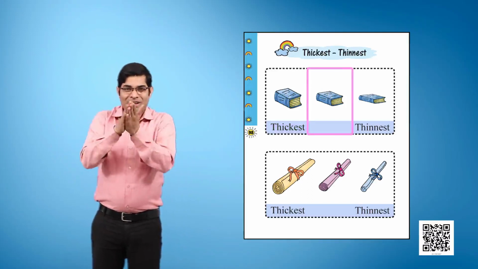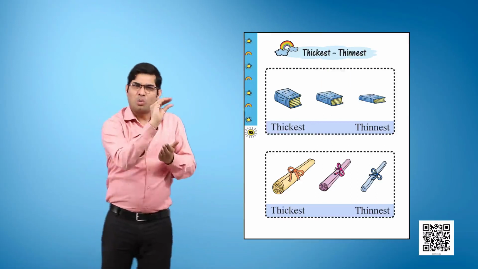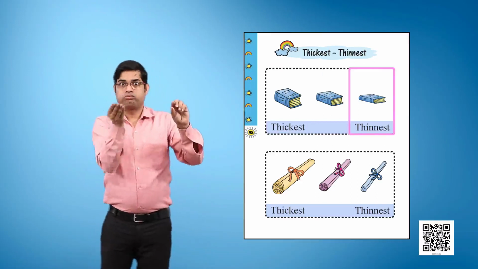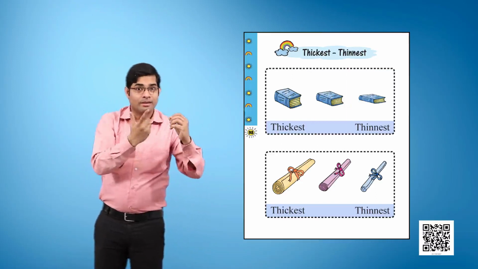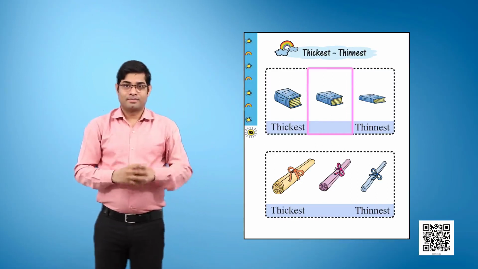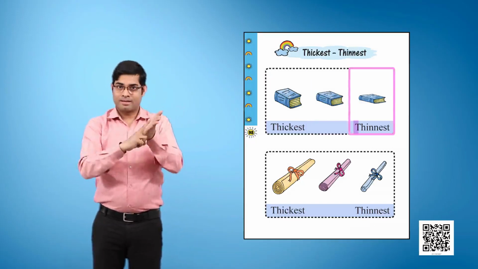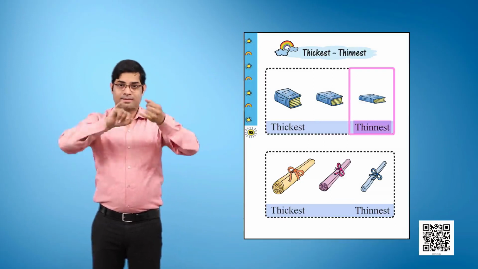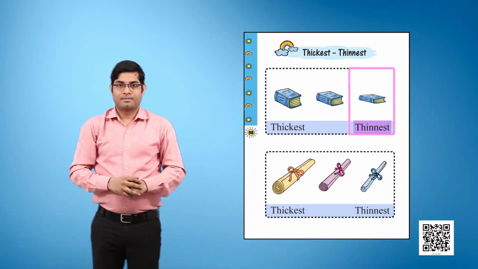Book 2 has lesser pages than Book 1, but more pages than Book 3. Book 3 has lesser pages than Book 1 and Book 2. Hence, it is the thinnest. The word thinnest is written beneath Book 3.